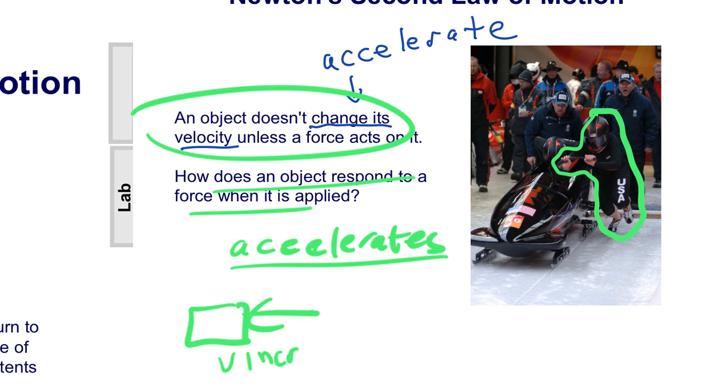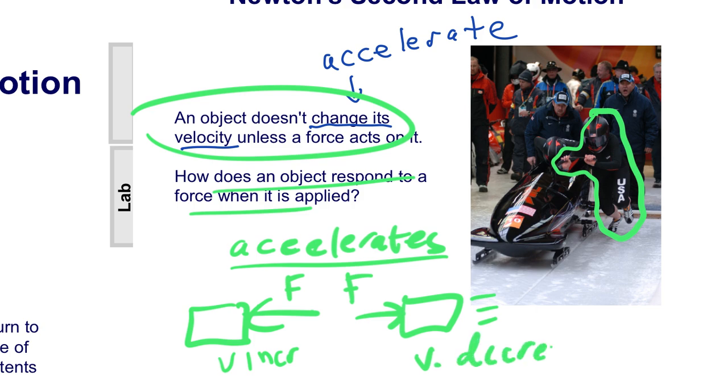If the sled was moving that way and you applied a net force right there, the speed would decrease. Okay, so if the force is opposite the direction of the motion of the vehicle, it's going to slow down. If the force is in the same direction as the motion of the vehicle, then the velocity will increase.